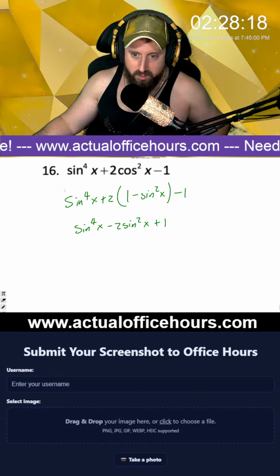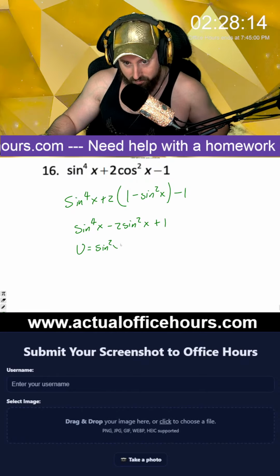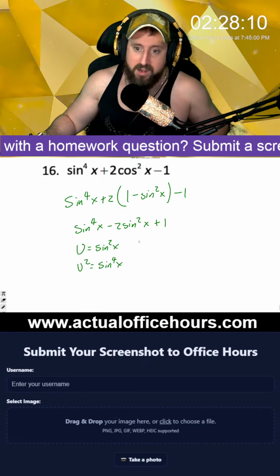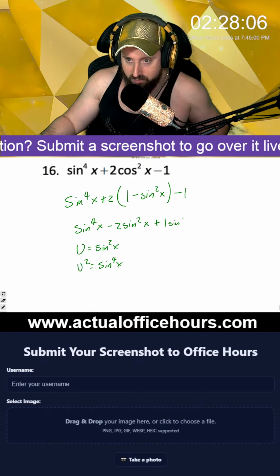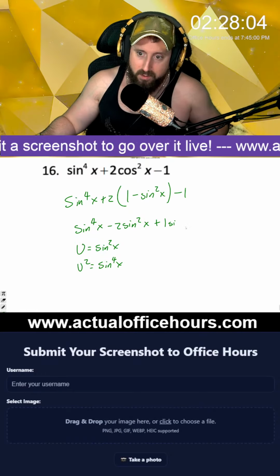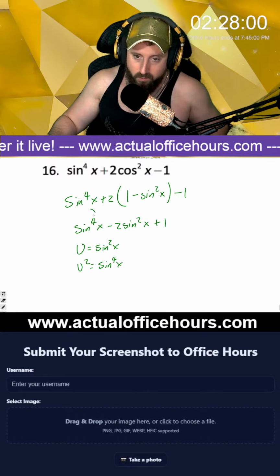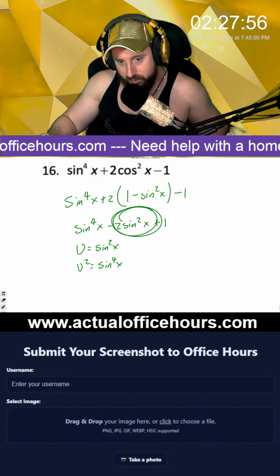So, now what I say is u is equal to sine squared of x. And then u squared is equal to sine to the 4th of x. Anytime you see the powers going like 4, 2, and then this is technically like sine to the 0 of x, or, for instance, like 6, 3, or 8, 4, just make u equal to whatever this one is.